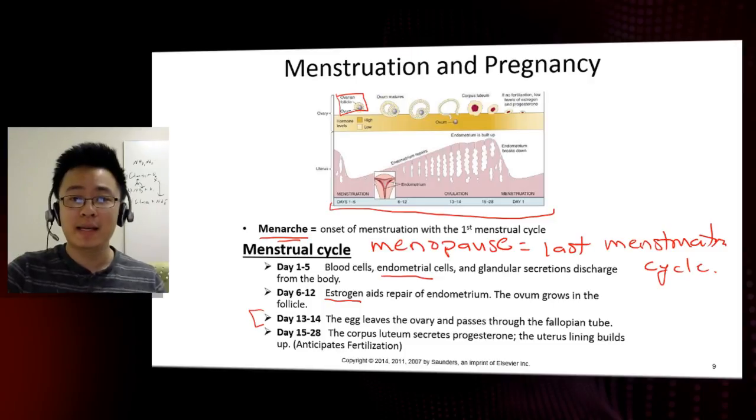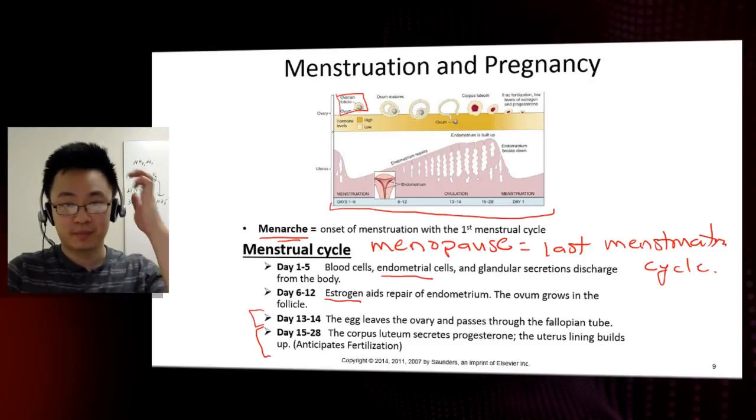As you can see here, it ruptures right here, and the ovum leaves into the fallopian tube, leaving behind the corpus luteum. That corpus luteum then acts as a hormone center and secretes progesterone at days 15 to 28 in order to further regulate the female reproductive system in preparation for fertilization with a sperm cell.